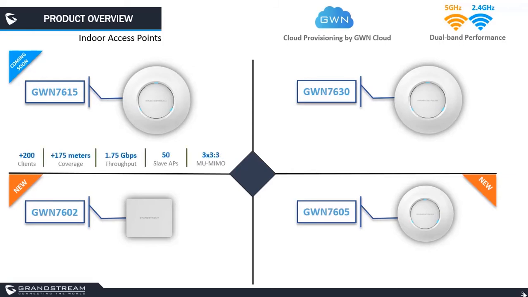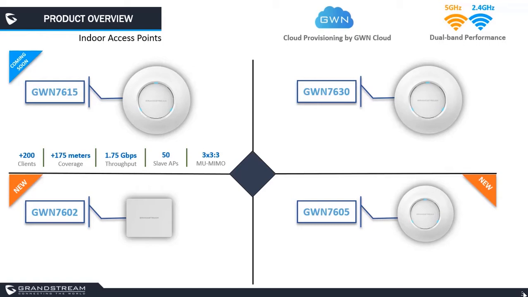So we start with the indoor access point. The first model is the GWN 7615, which is scheduled to be released this month, and we'll have these options: 200 clients and coverage of 175 meters and a throughput of 1.75 gigabits per second.